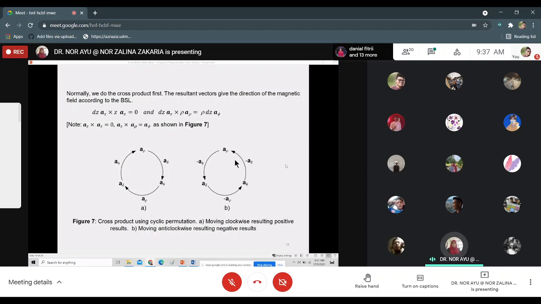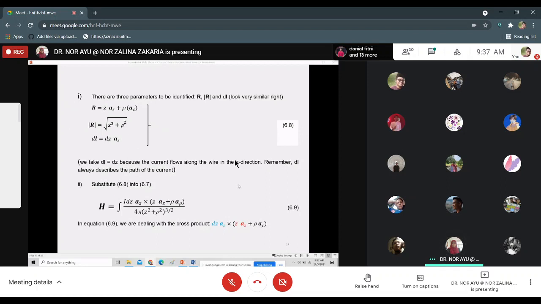Right, kita tengok balik kita punya question just now. This is your dl and this is your r. So this is cross product. So dz az cross dengan z az, it will be equals to 0, because kalau dia cross benda yang sama, az cross dengan az, it will be equals to 0. So next one, dz az cross dengan rho a rho, dapat apa?